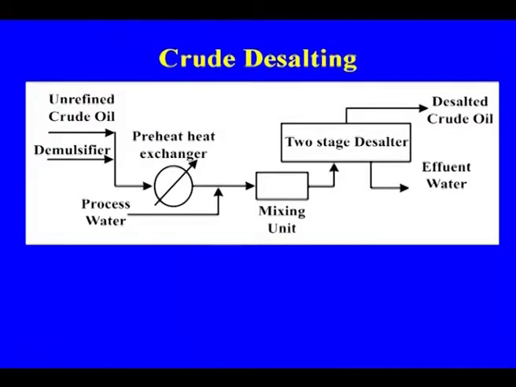This is the process which we are using for crude desalting. The unrefined crude oil, you add demulsifier, then it goes for preheating. After the preheating, the process water goes to the mixing water, then it goes to the 2-stage desalter, and the desalted crude finally goes to the refinery.